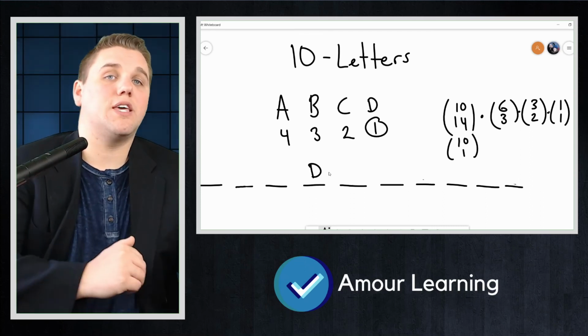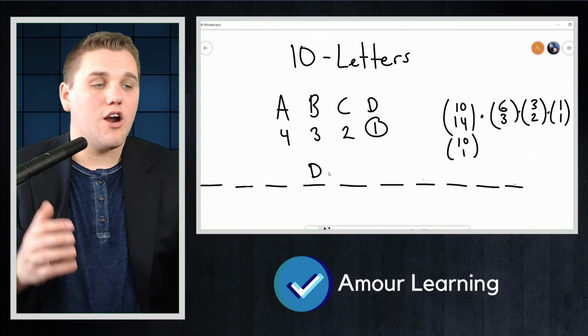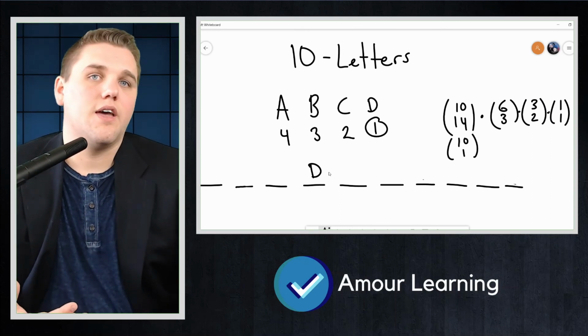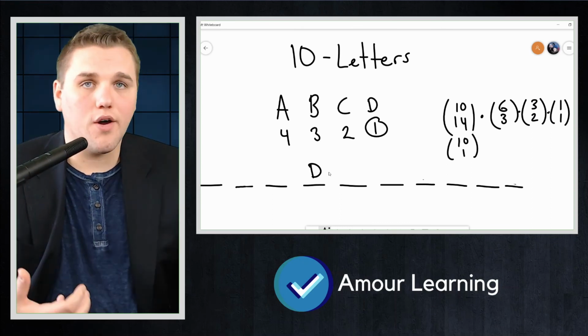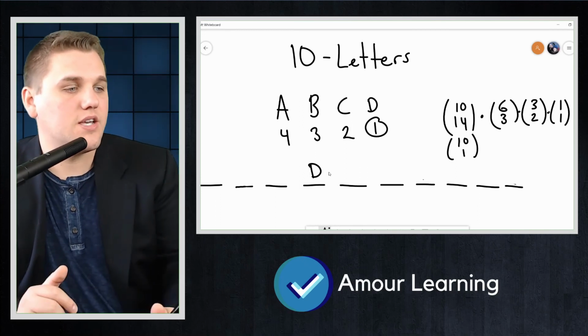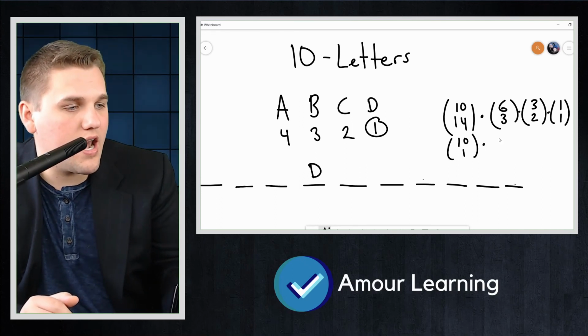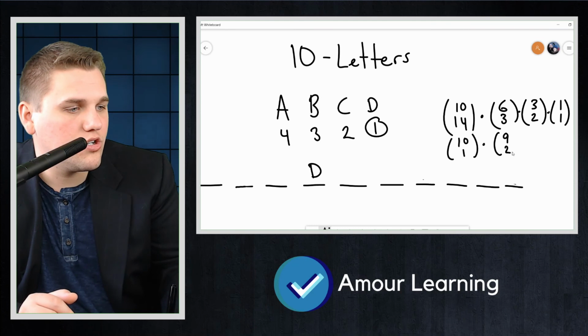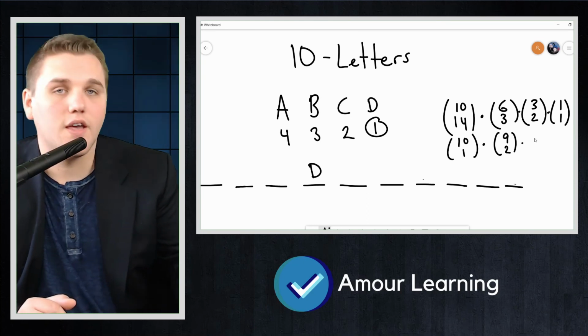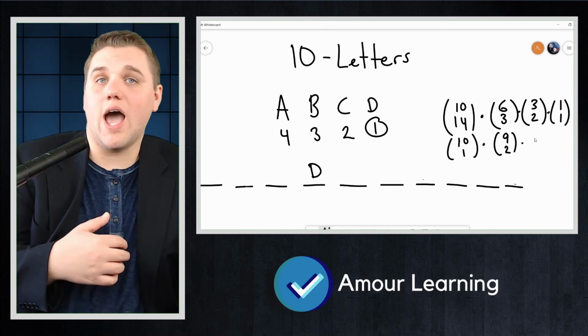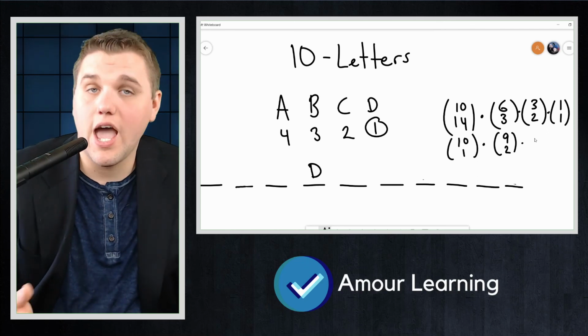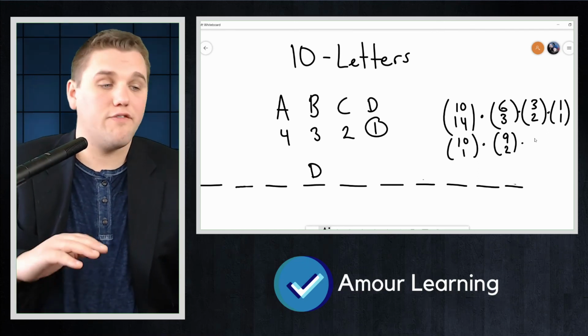Next, we're going to pick the C's. There are 9 spots, and we need to choose 2 of them to be C's. This can be done in 9 choose 2 ways. And similarly, we now have 7 spots, and 3 of them need to be filled with B's.